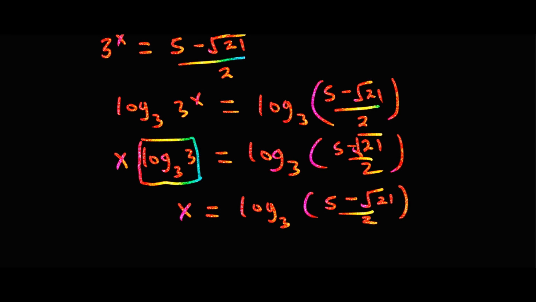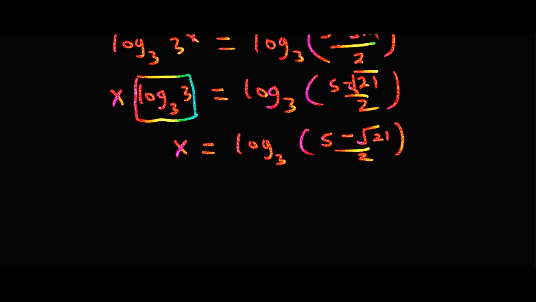But remember, the equation required us to obtain the sum of the real roots. And the two values of x are real roots because both of them are not less than 0. So for the sum, we just take the first x that we obtained and add it to the second x.